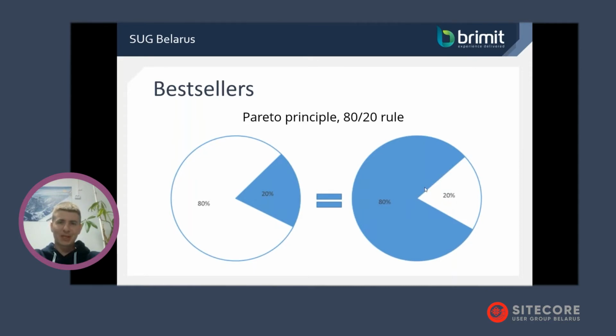For product recommendations in e-commerce, according to this principle, 80% of your sales will come from 20% of your products. Of course, the ratio will never be exactly 80-20, but the correlation will be around that region. And that's why bestsellers is a very good recommendation type, especially if you don't have any machine learning background.